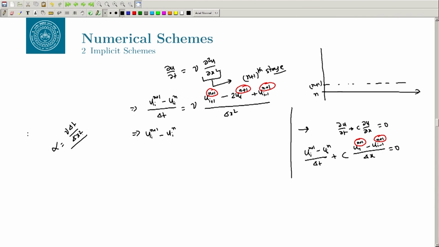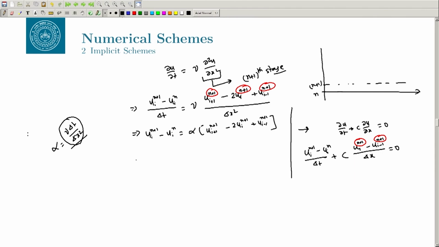You can also use lambda if you want. In the last class we used lambda, but it is basically the diffusion based Courant number. This will become alpha times (u i plus 1 n plus 1 minus 2 u i n plus 1 plus u i minus 1 n plus 1), right.